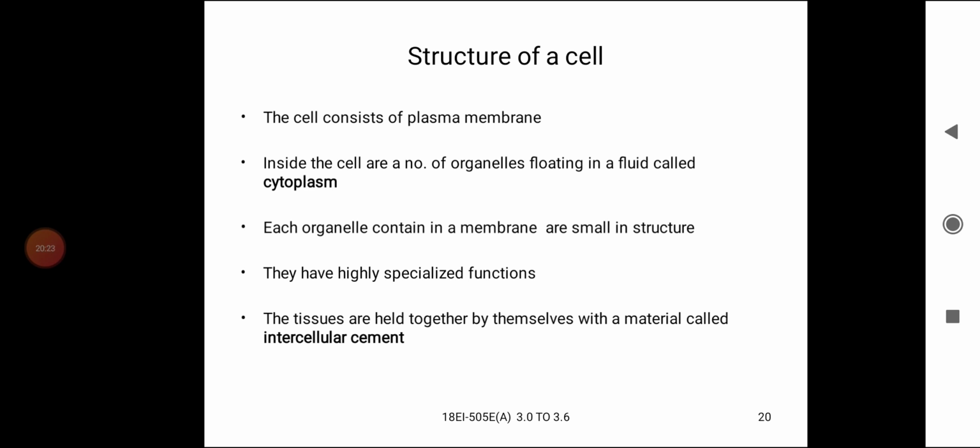Inside the cell are a number of organelles floating in a fluid called cytoplasm. Each organelle is contained in a membrane or is small in structure. They have highly specialized functions. The tissues are held together by a material called intercellular cement.